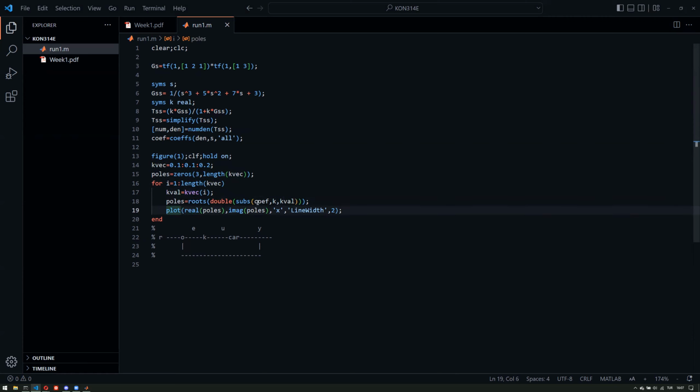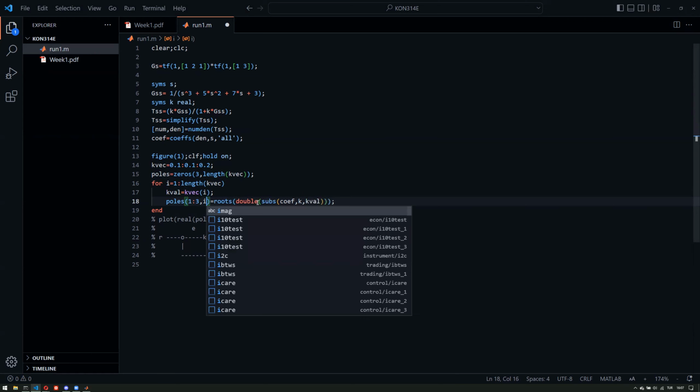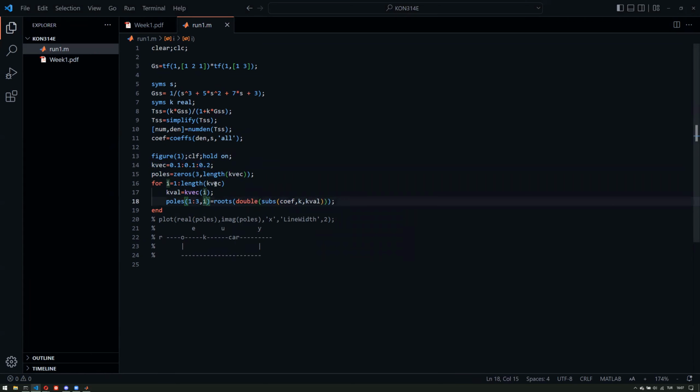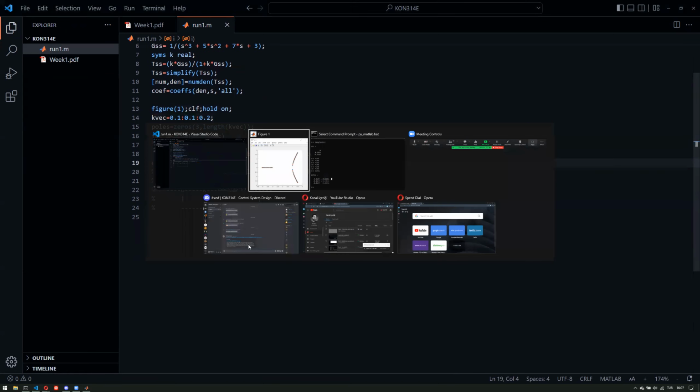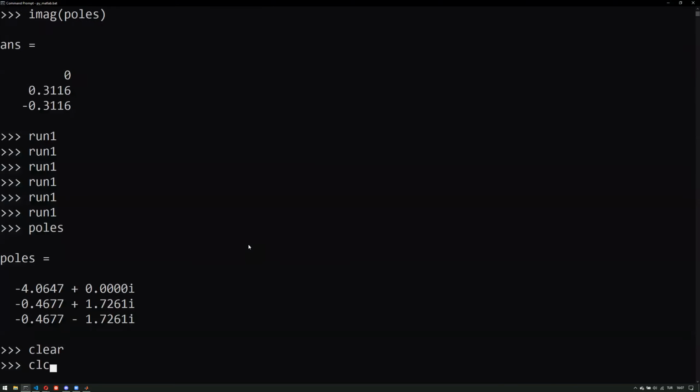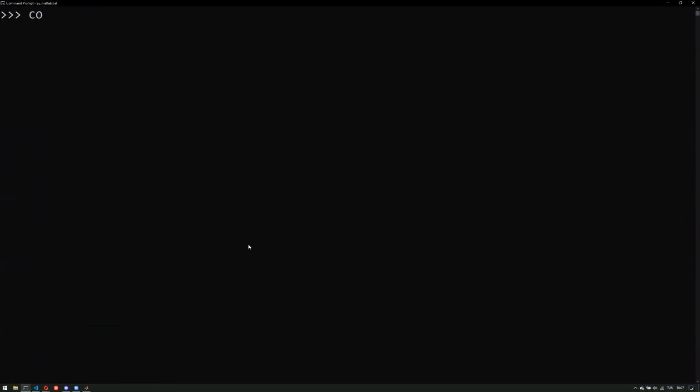Now, instead of plotting them, let me remove that. What I will do is place it in the according position. I will take all the 3 rows, but the ith column, because each column corresponds to the element of this k vec here. So I'm going to stack them into a matrix.